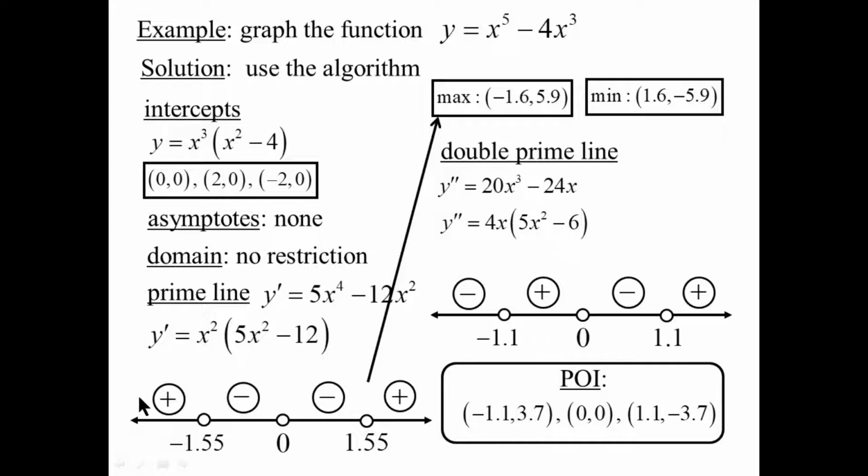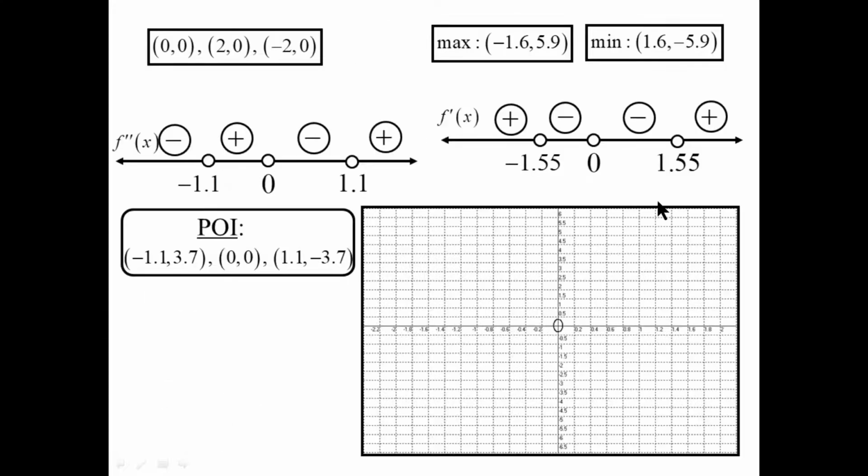I'll need this. I'll need the prime line. I'll need the fact that this is a max and a min. That's why I put them in a box. I'll need my points of inflection. That's why I put them in a box. And the double prime line as well for concavity. So just bringing the pertinent stuff forward for the graph. The results of all our work.